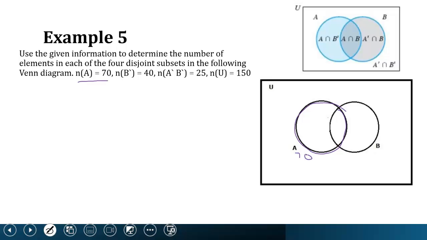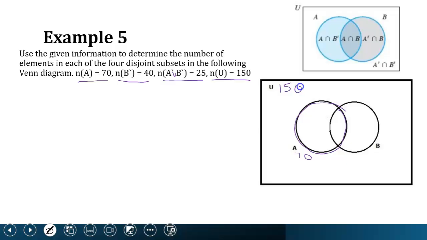And then what is not included in B is 40. And what is not included in A or B is 25, and our universe is 150.